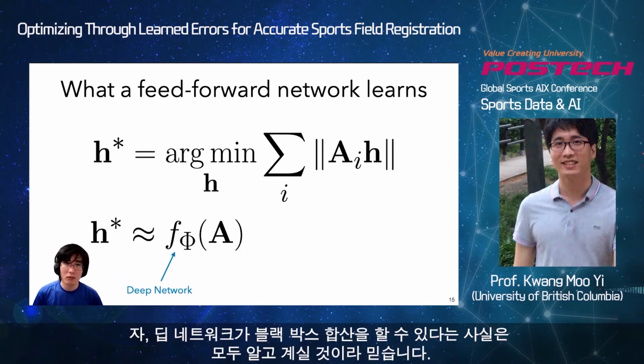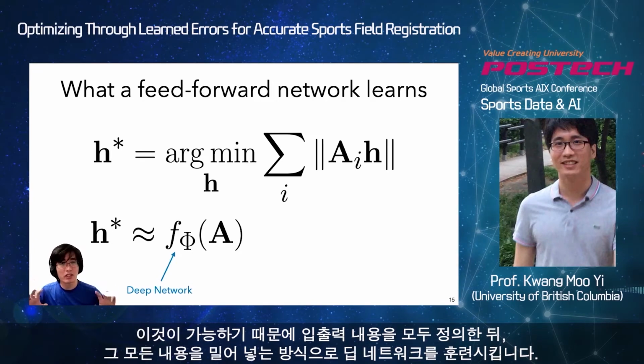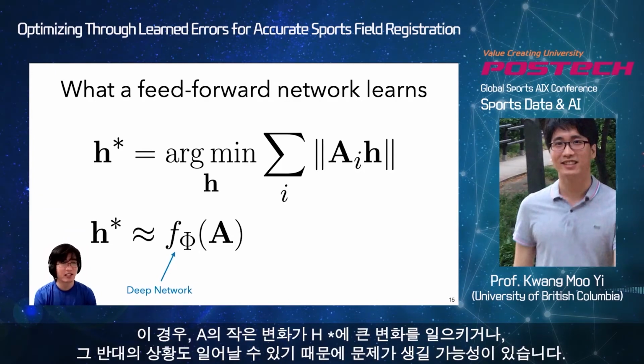Now, we all know deep networks are capable of doing black box estimation, right? So you have a bunch of your inputs and outputs all defined, and then you push them all through, and that's how you train a deep network. Well, in this case, you're going to have some issues because small changes in A are going to cause large changes in H star, and vice versa.